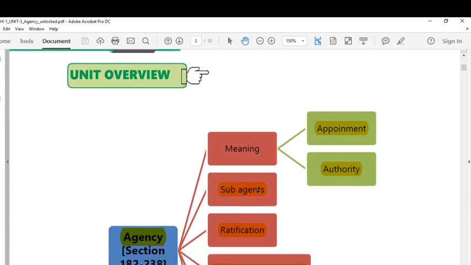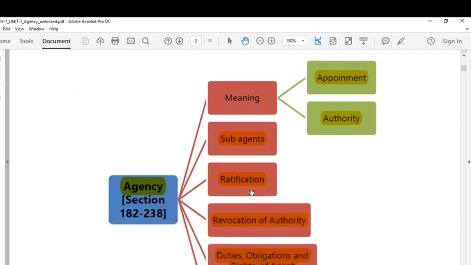What are the ways of appointment of sub-agents, and what are the duties and rights with respect to the sub-agents, to the agent and principal will be discussed here.